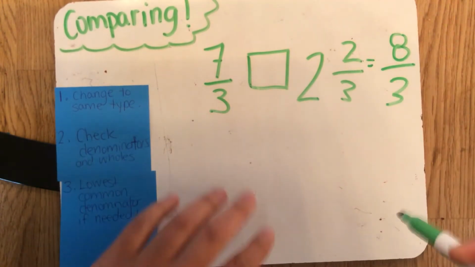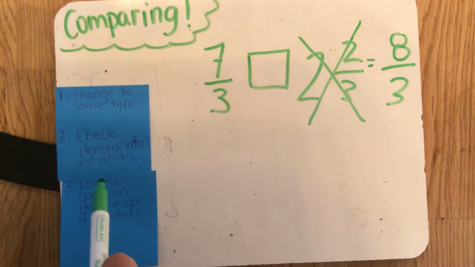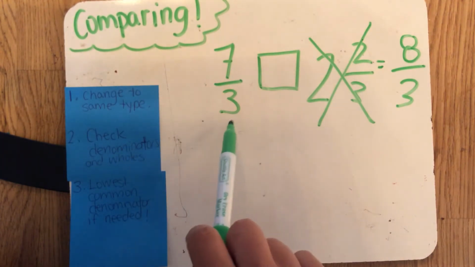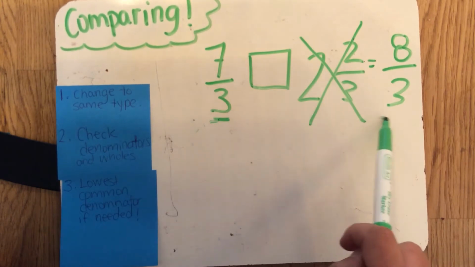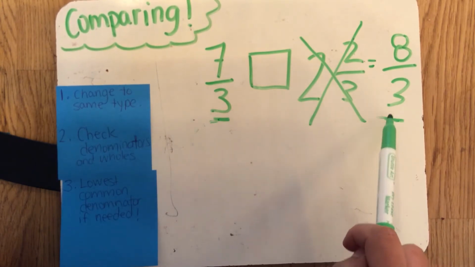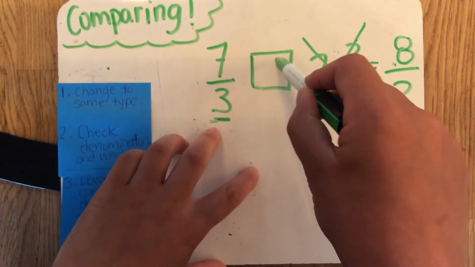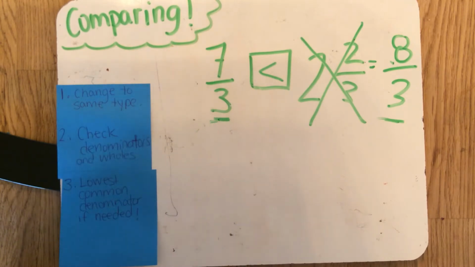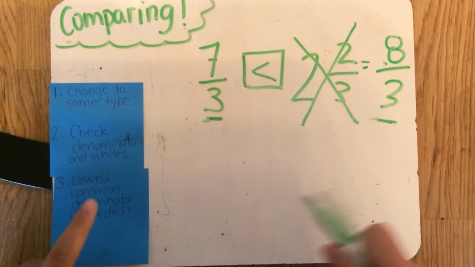Okay, so now if I compare 7/3 to 8/3, my second step is to check my denominators. 7/3 and 8/3, I have the same denominator here, so I don't have to do anything else. I can just easily look at the numerator and see that 8 is bigger than 7, so this is less than.